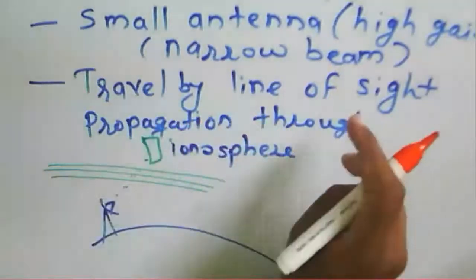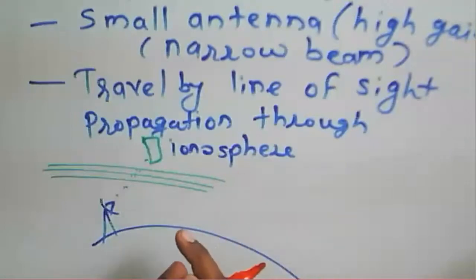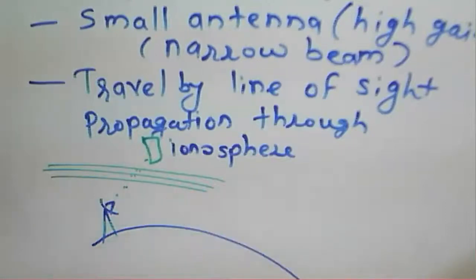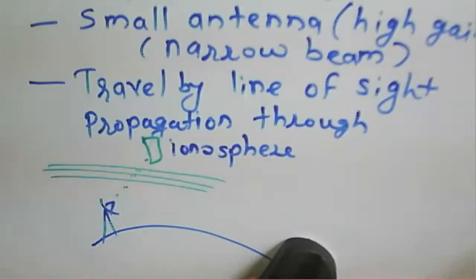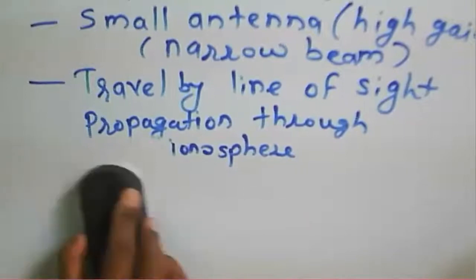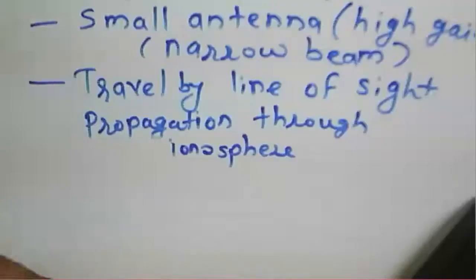So travel by line of sight propagation through the ionosphere means your wave propagates through the ionospheric region without any absorption or reflection. That is a characteristic of a microwave frequency signal.